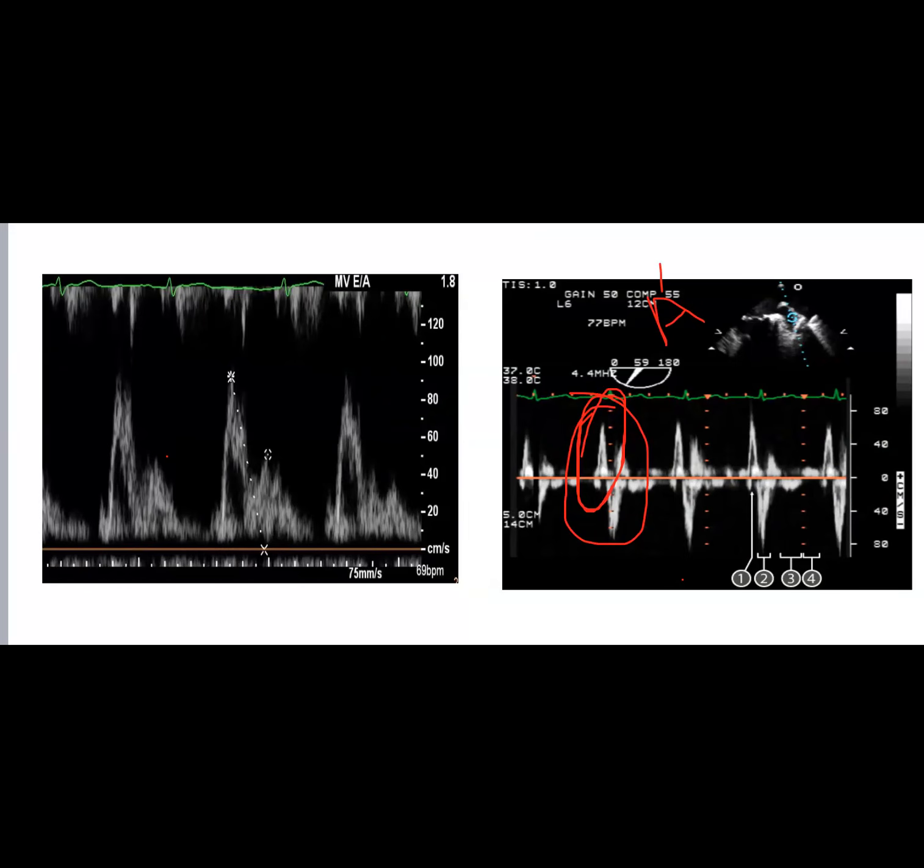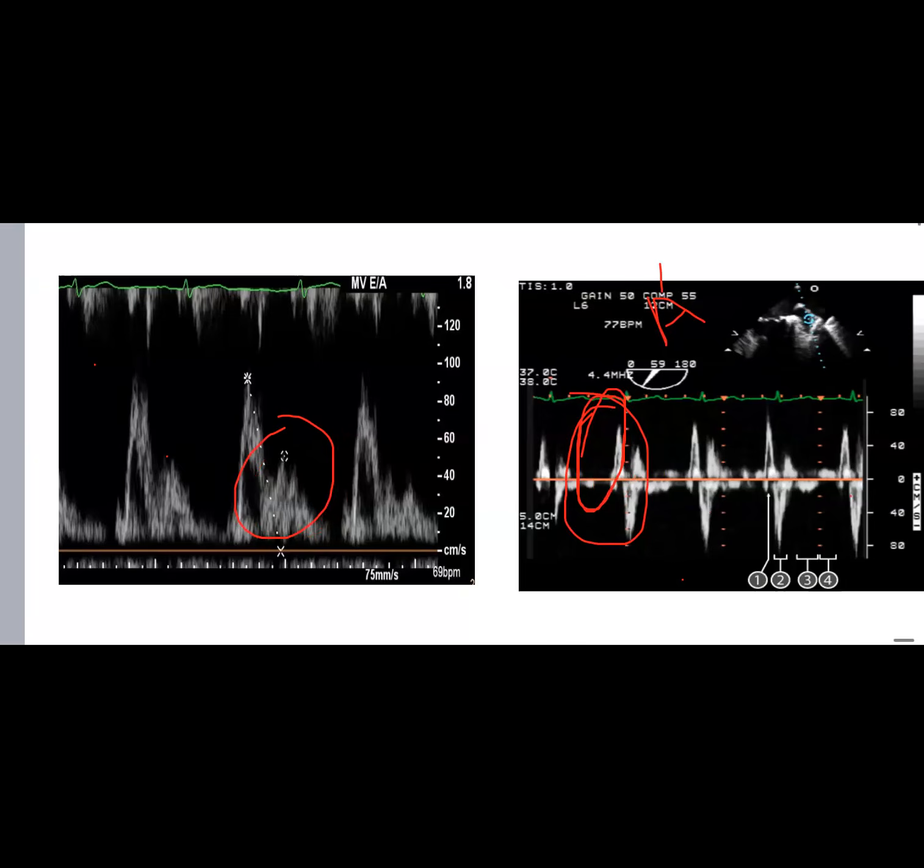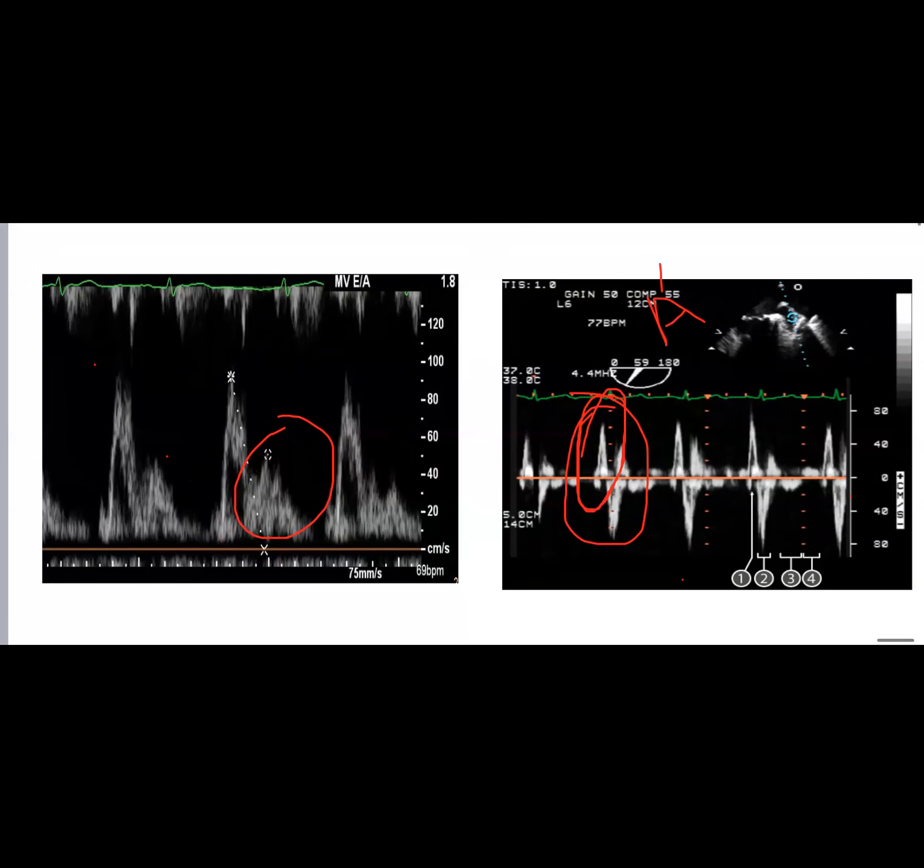Where is the atrial contraction velocity in the mitral inflow? This one. This is the flow. You agree? Are you following? Now, in the LA appendage, the atrial contraction flow is this one.